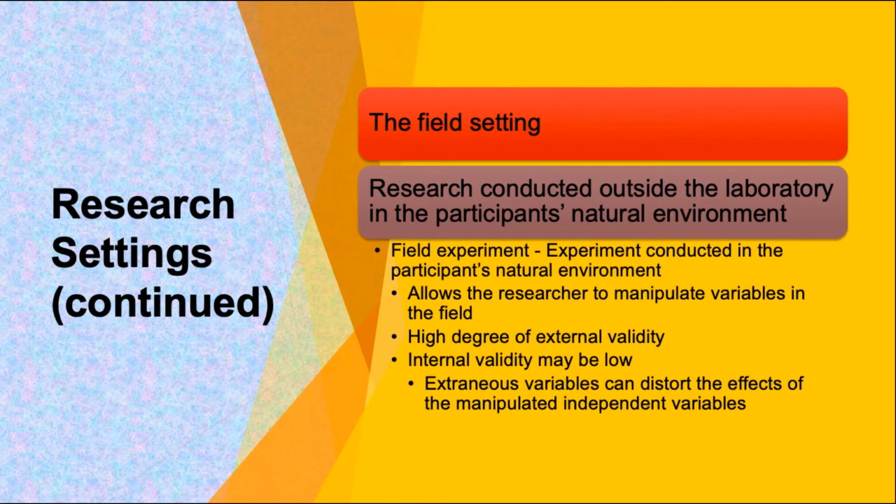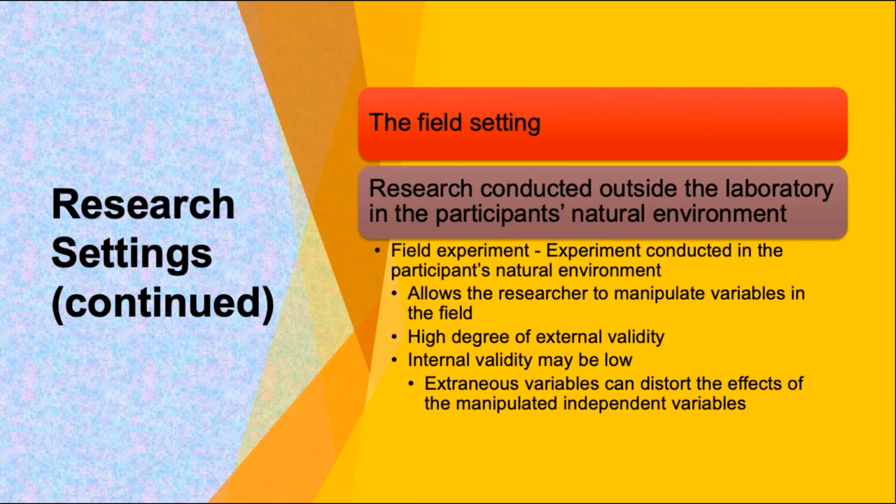In the example just now from the field experiment, the researcher could not control the number of customers who were in the store at the time of the experiment. A different number of other customers in the store could differently affect the salesperson's reaction to the experimental customer.